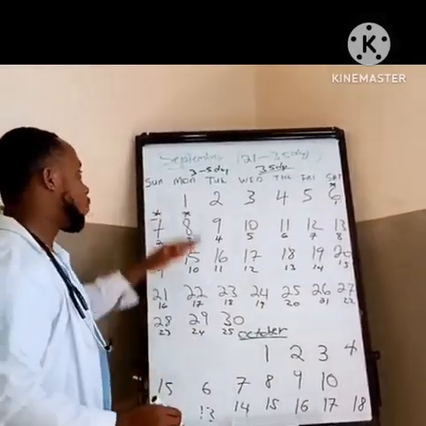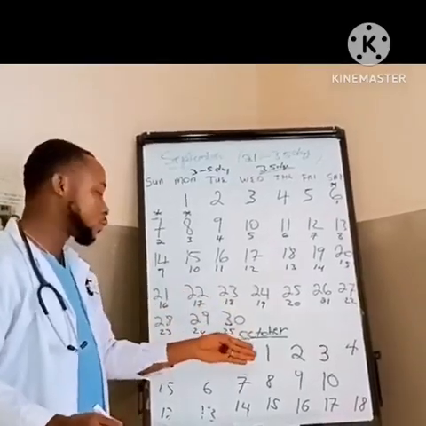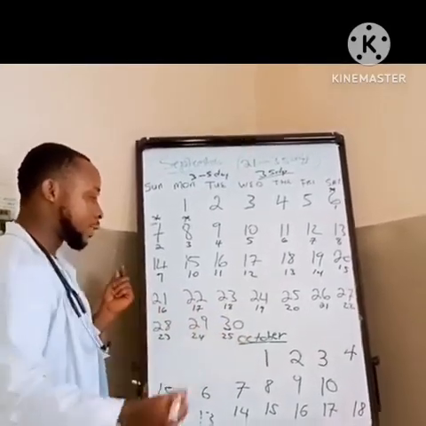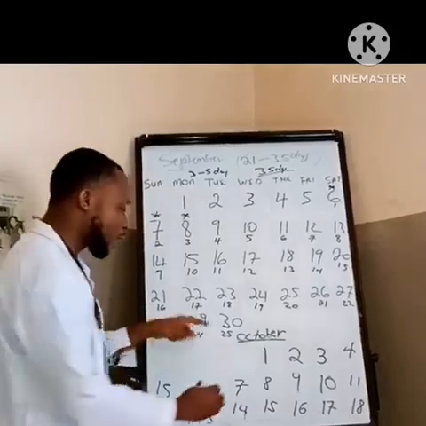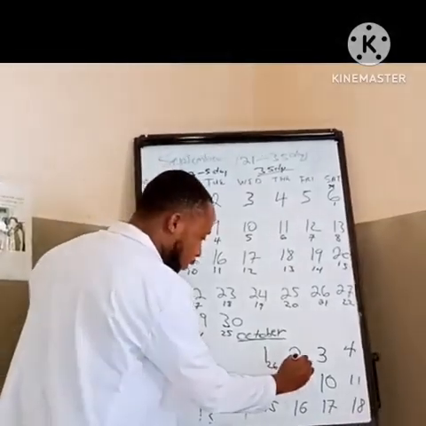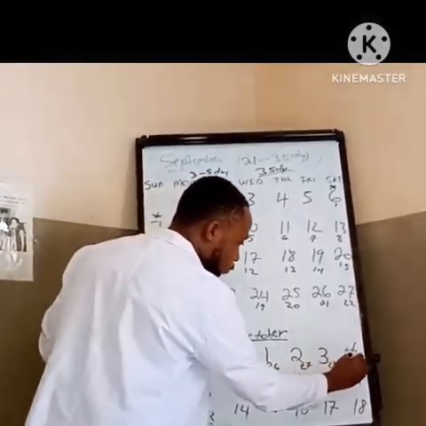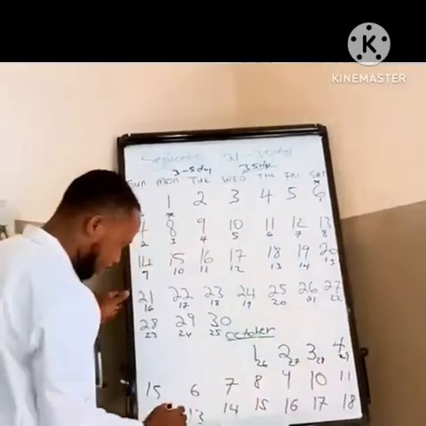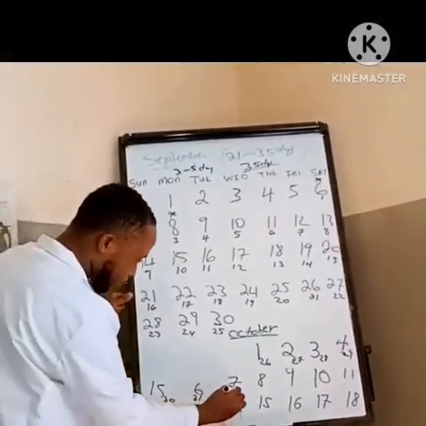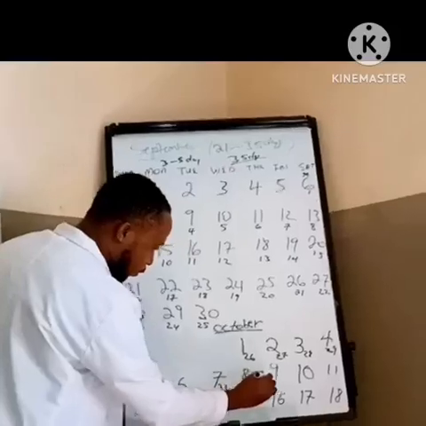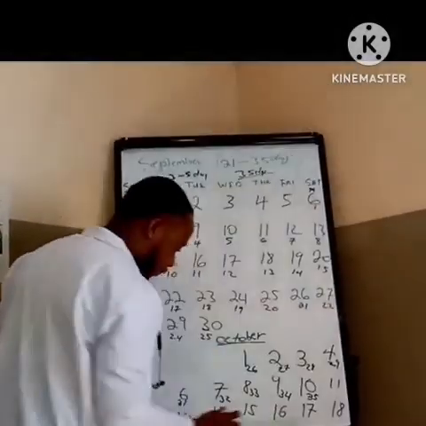So we end with the month of September. We have to enter into October to complete the cycle length. So 25, then 26, 27, 28, 29, 30, 31, 32, 33, 34, and 35.